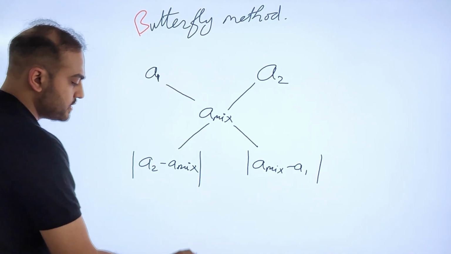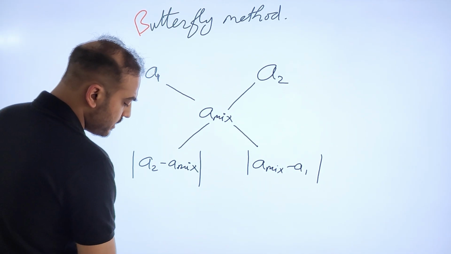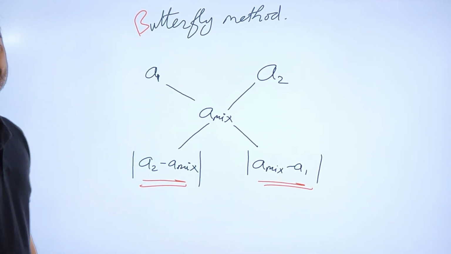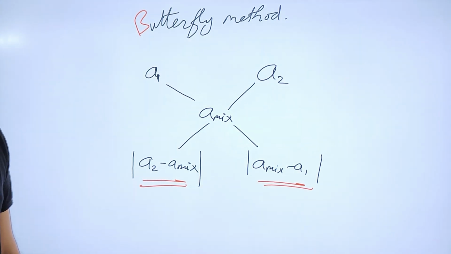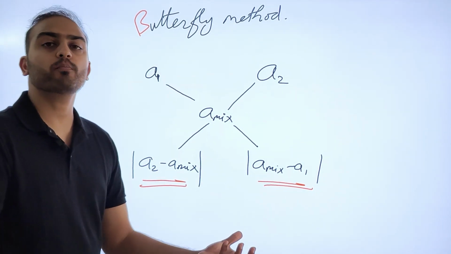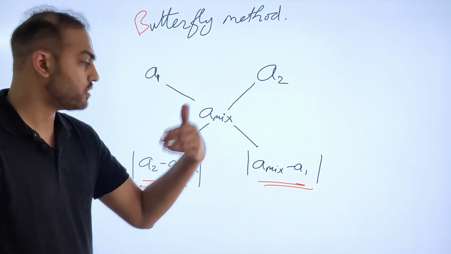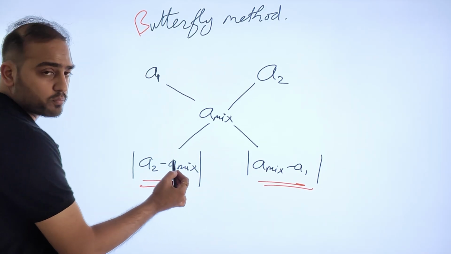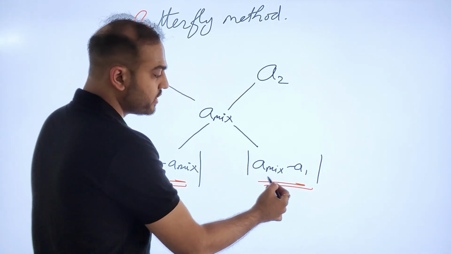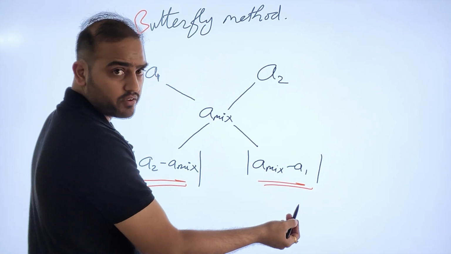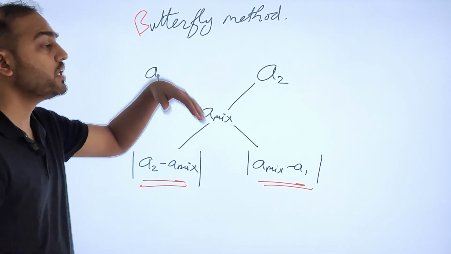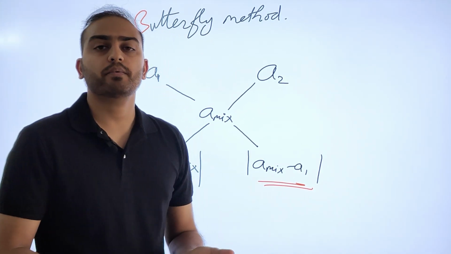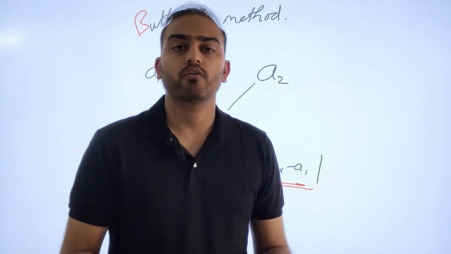So this difference that we have written is basically telling us the compromise that each one is making. The compromise made by A2 is A2 minus A mix, and the compromise made by A1 is A mix minus A1, or A1 minus A mix. And if you see the previous concept, the basic point is that the one whose quantity is more will compromise less.